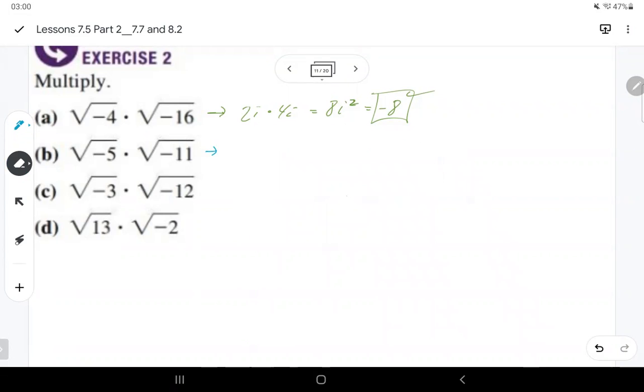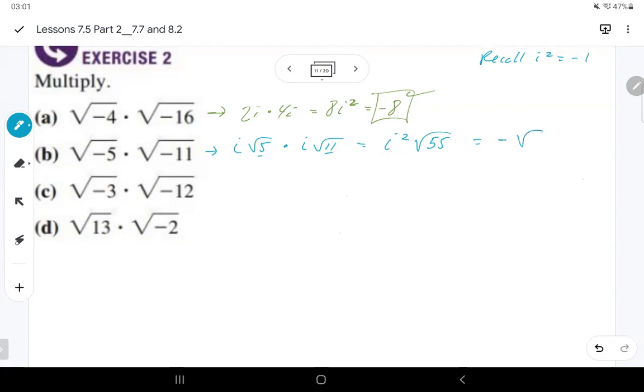These do not come out of the square root, so i square root of 5 times i square root of 11 equals i squared square root of 55, because 5 times 11. And recall from what we just learned on the other slide, i squared is equal to -1, so negative square root of 55.